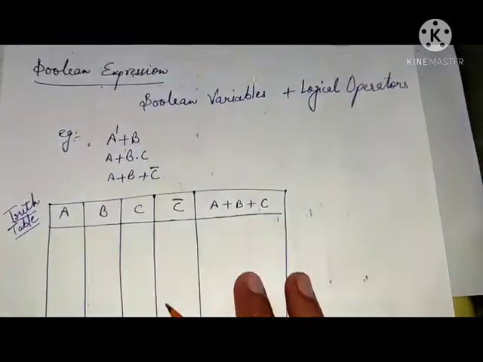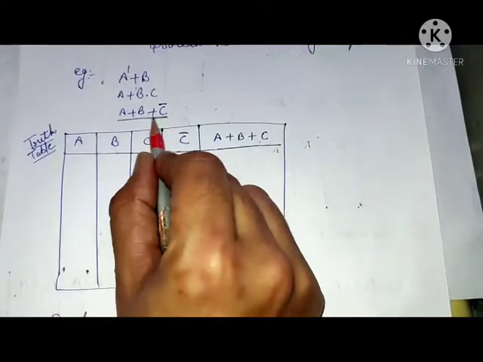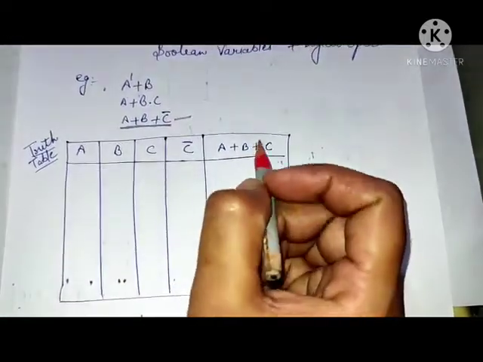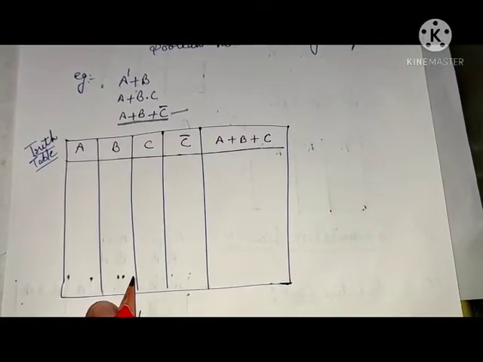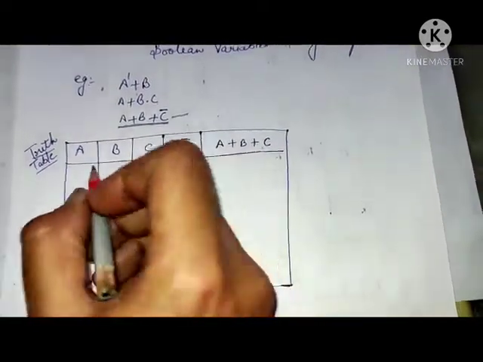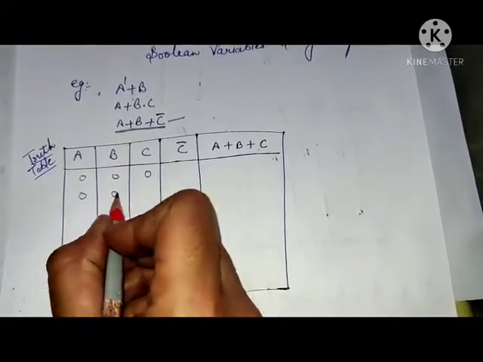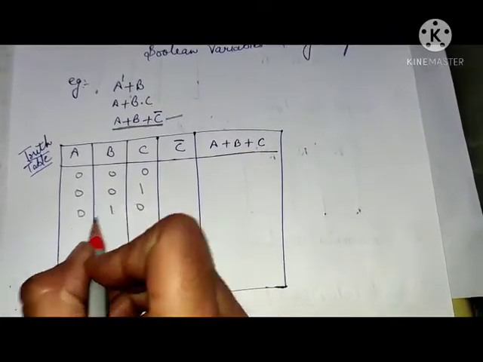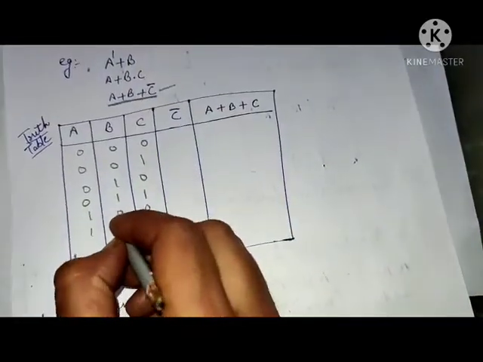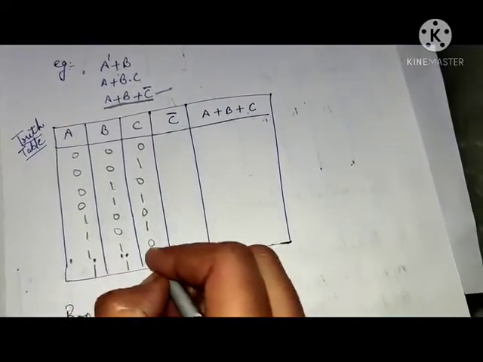So now I am showing you how we can create the truth table of this Boolean expression. I am taking this expression and I want to construct the truth table for that. There are 3 variables, so the combinations are 8: 0 0 0, 0 0 1, 0 1 0, 0 1 1, 1 0 0, 1 0 1, 1 1 0, and last is 1 1 1.